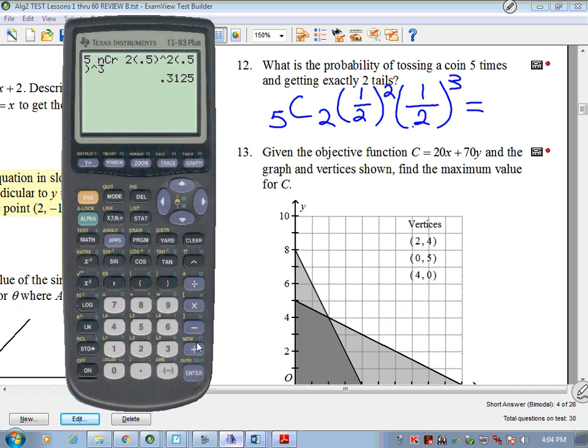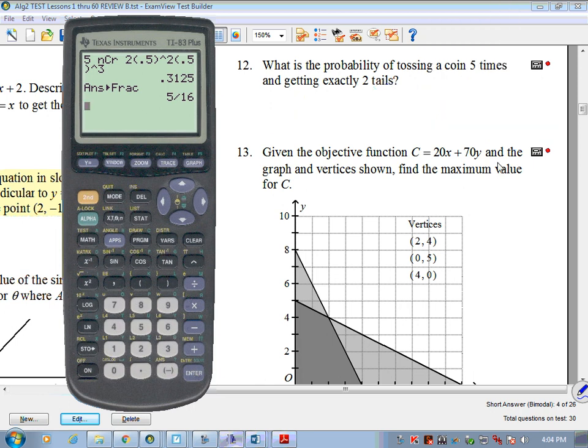And I get 0.3125. I hit math fraction, and I get 5/16. 5/16 is the correct answer. I've got a 5 in 16 chance if I flip a coin 5 times of getting exactly 2 tails. That's all the work you need to show. If you can show me that equation and that answer, you're all good.